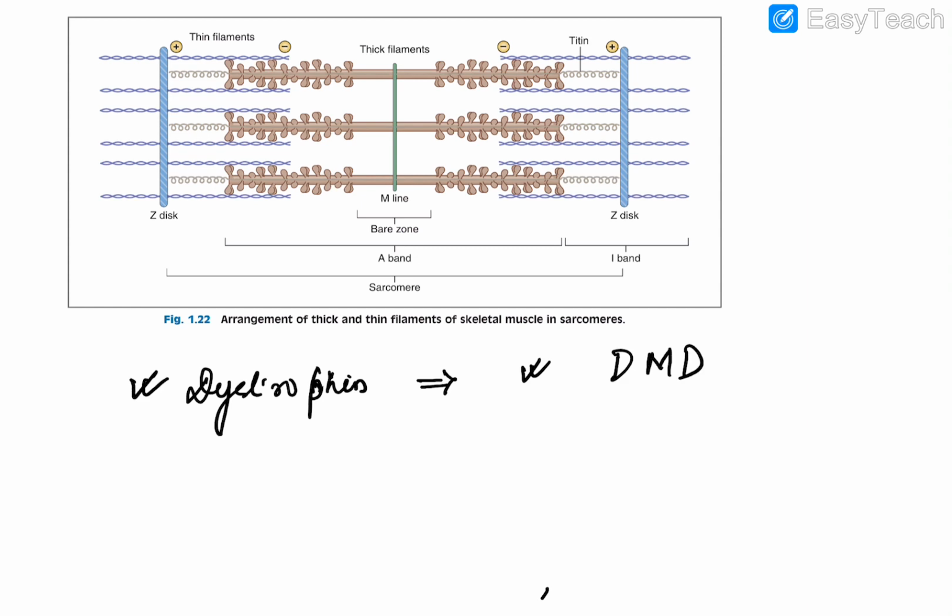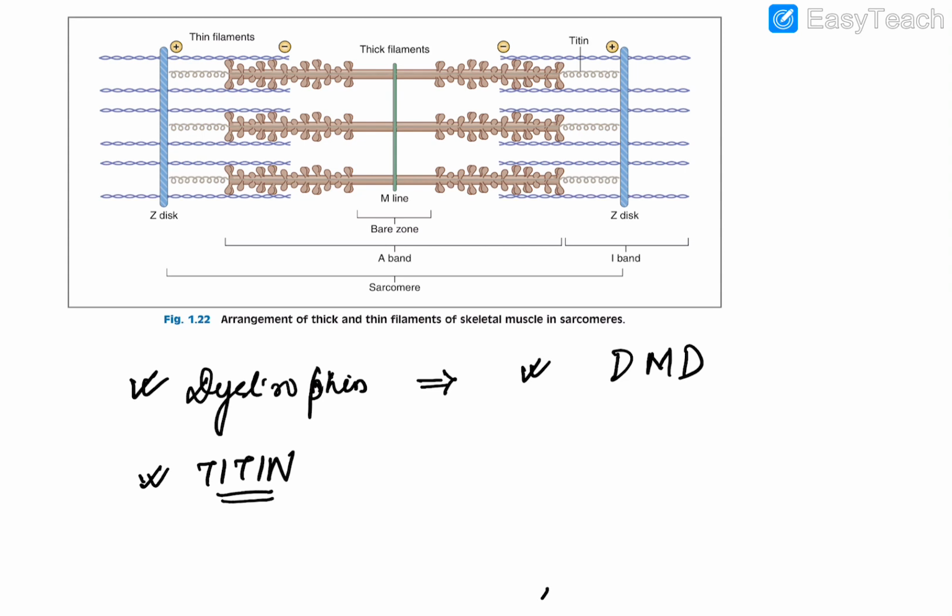There is another kind of protein called titin, which is implicated in cardiomyopathies. Now this titin runs along the length of the thick filament and anchors the thick filament to the Z line.